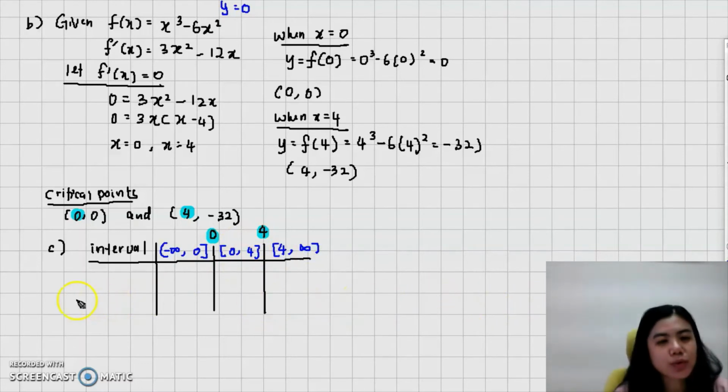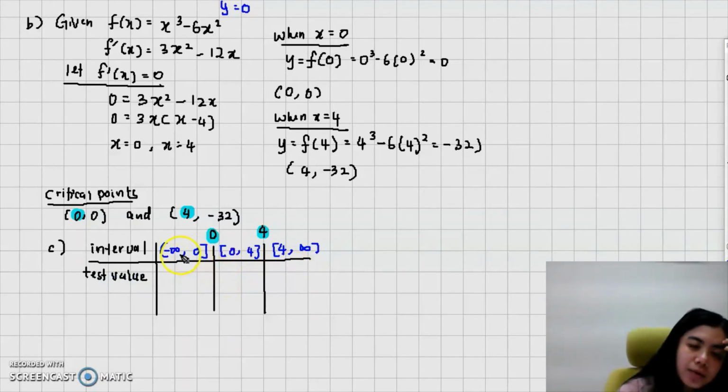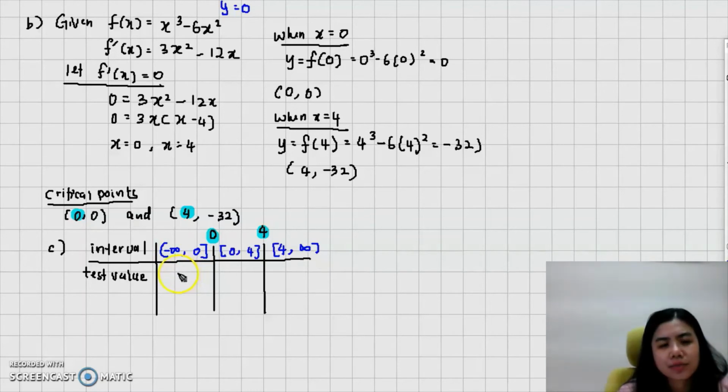The next thing that you have to do is you should consider a test value for each category. If we look at this interval, you can use any number in between this interval. For instance, you can use, let's say, -5 or -1, any number that is in this interval. Usually I will pick the easiest number to check in the first derivative test.